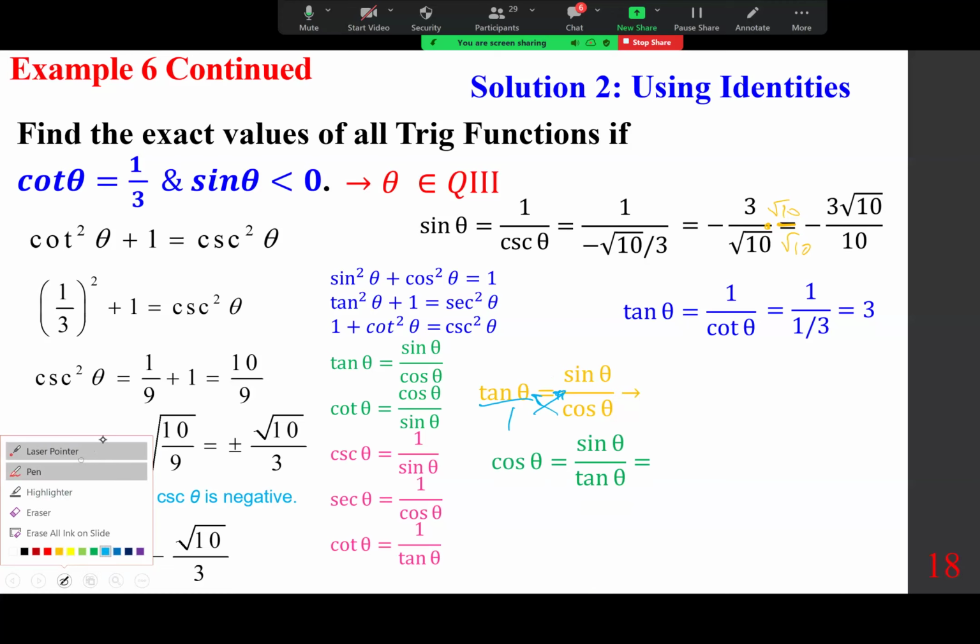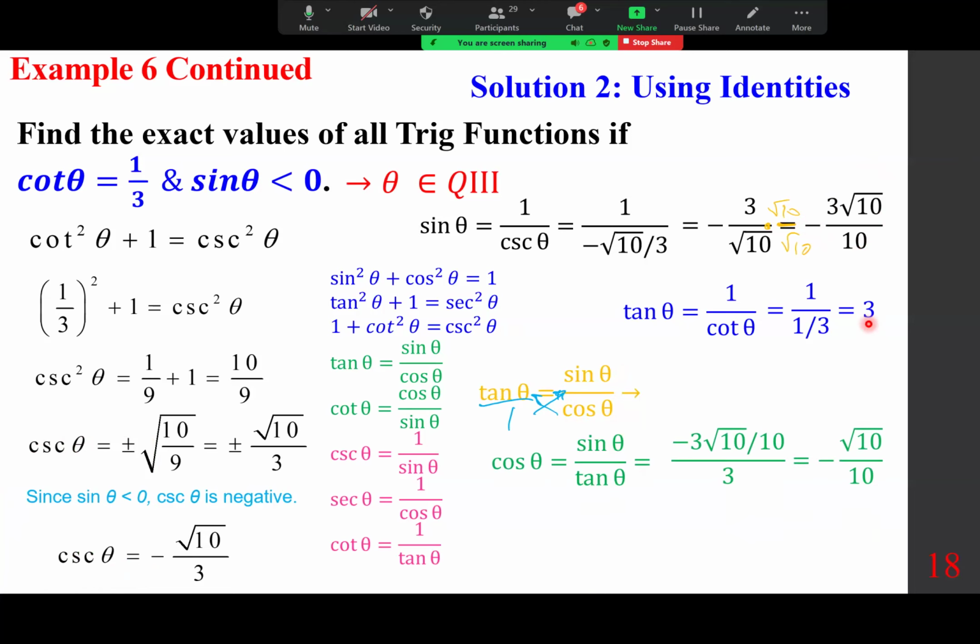This is very important to know. This has got to do with understanding cross product. So sine theta is this one, including the negative sign, and tan theta is simply 3. And so what happens is that 3 cancels out the 3, and the remaining is minus square root of 10 over 10.